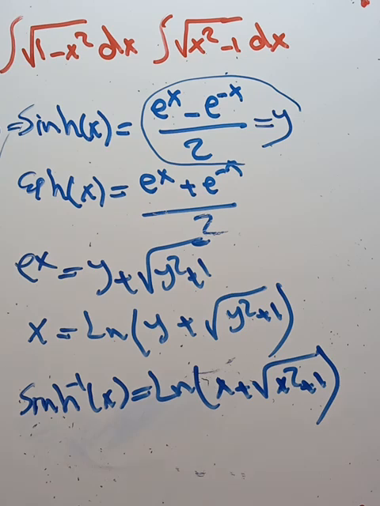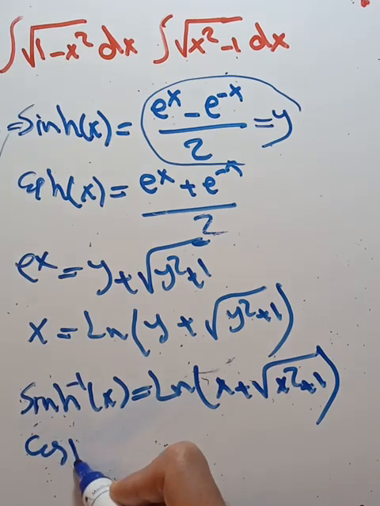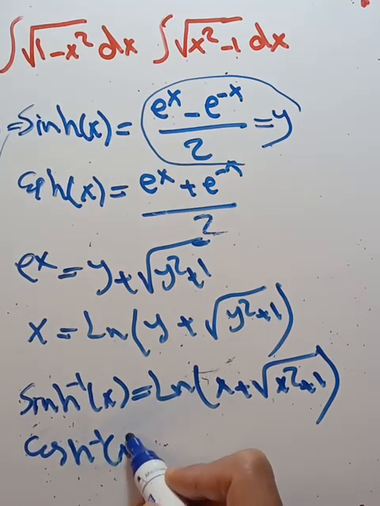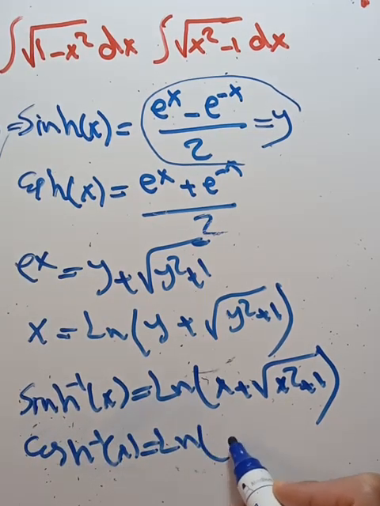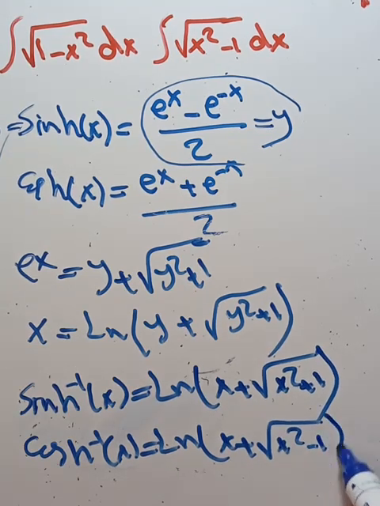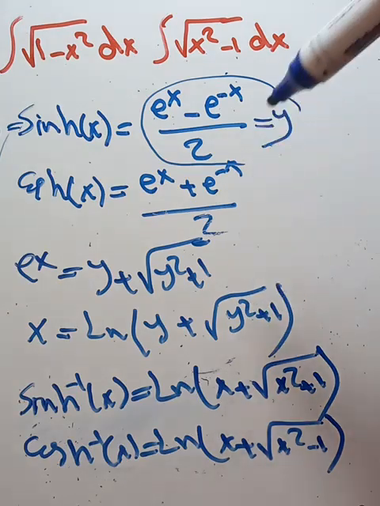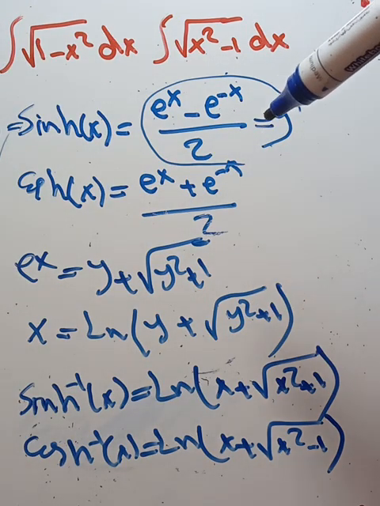Okay, and the inverse function of cosine would be similar to this, except here we have x squared minus 1. And these help us in doing the integration.